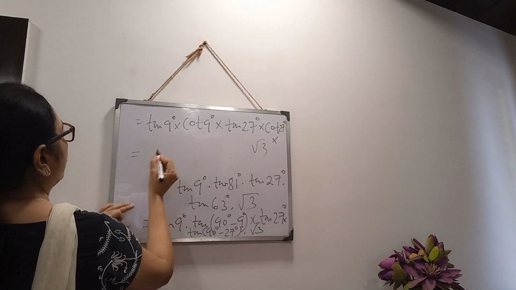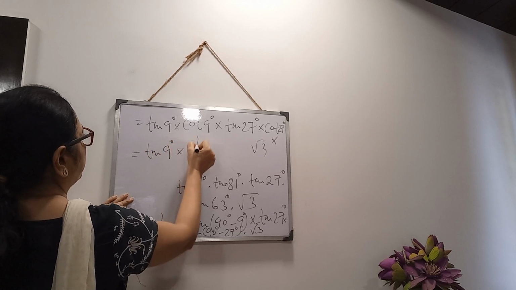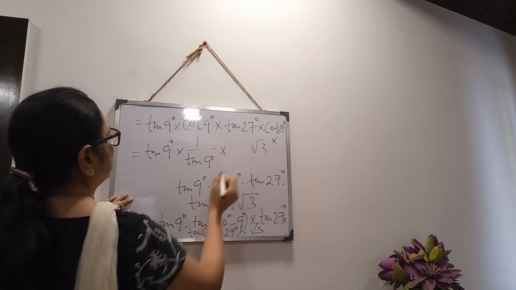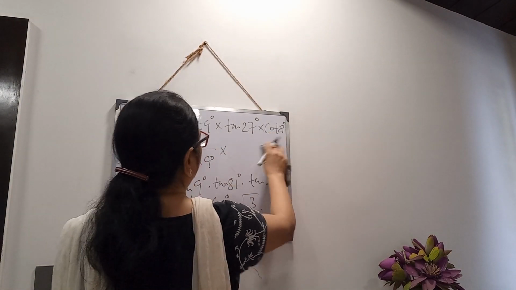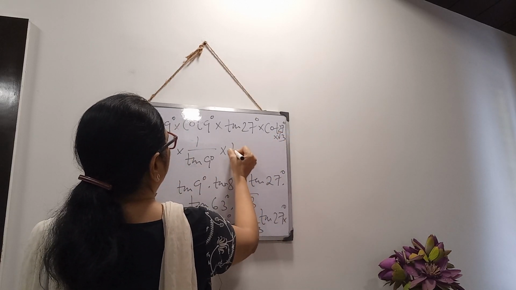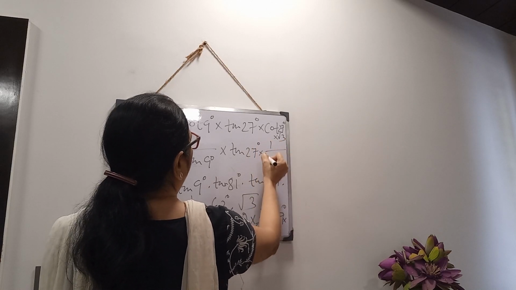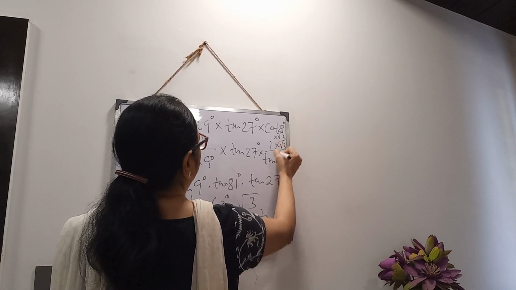Now tan and cot you know. Okay, I am writing this step. Cot means 1 by tan. Again 1 by tan into root over 3.